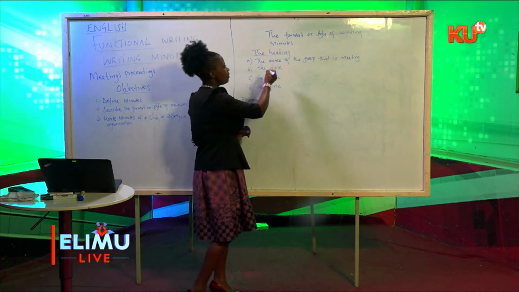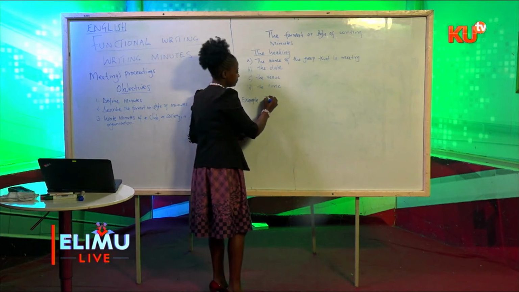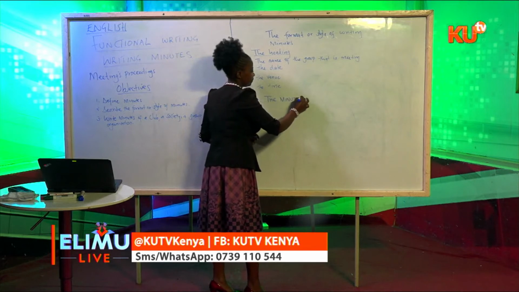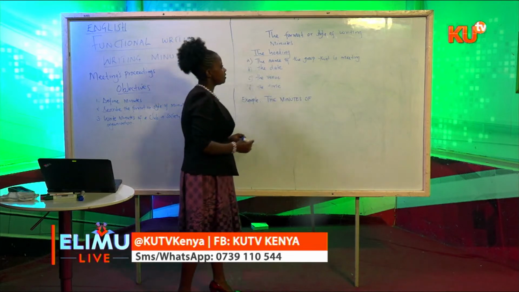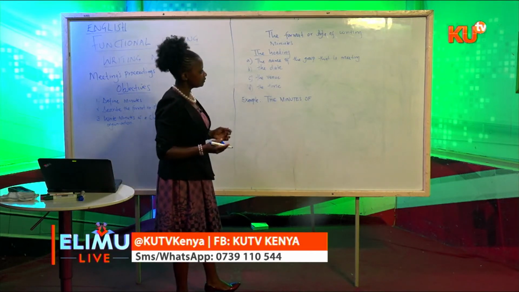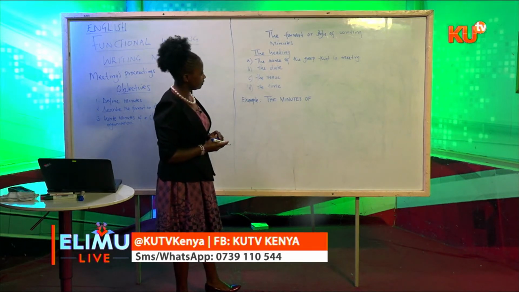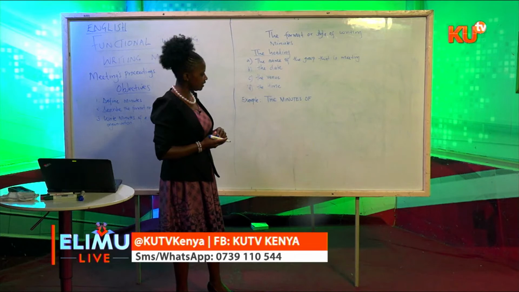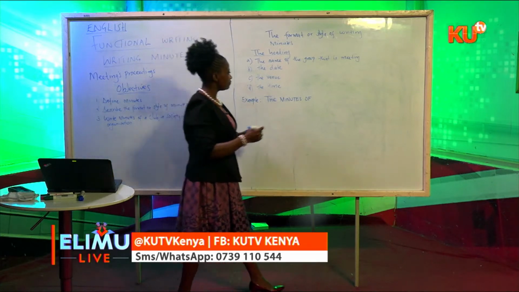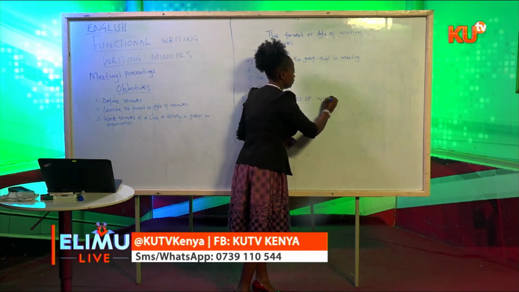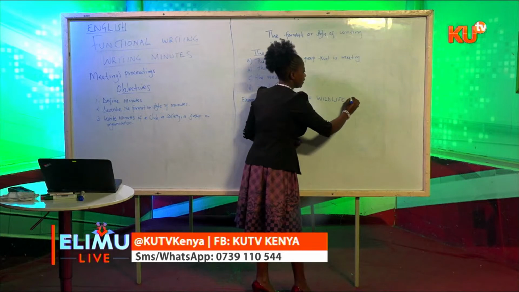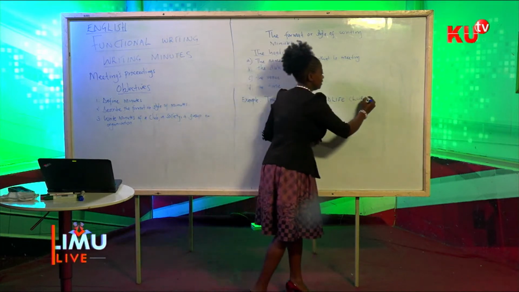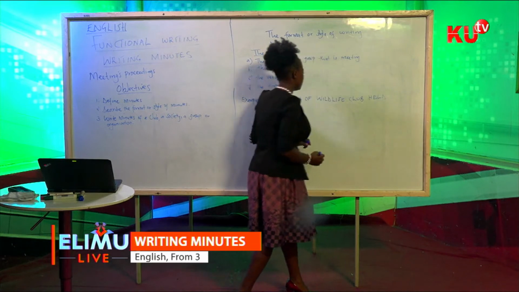Let's look at an example. So we will start with the name of the group that is meeting. We may pick a club or a society, but allow me to pick the name of a club. So the minutes of Wildlife Club. Then we have the date. So we have held on.